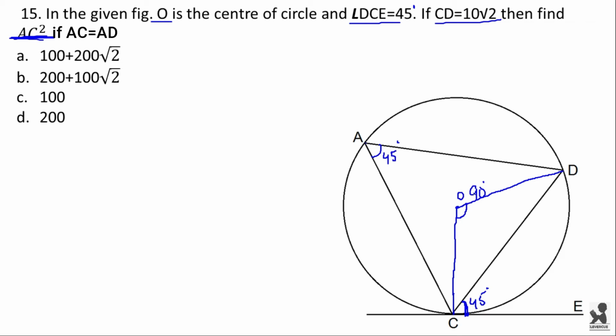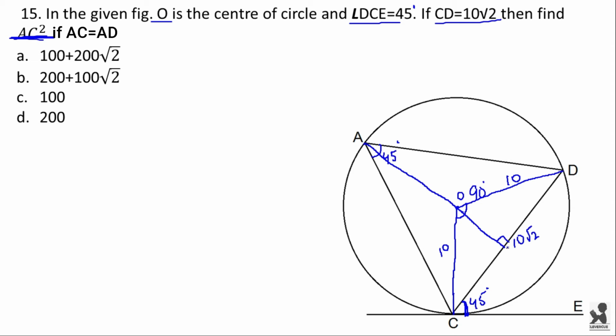So if this angle is 90 degrees and the length of CD is 10 root 2, the value of OD and OC, that is the radius, will be 10. So this value is 10. If you draw a line, this will be perpendicular.